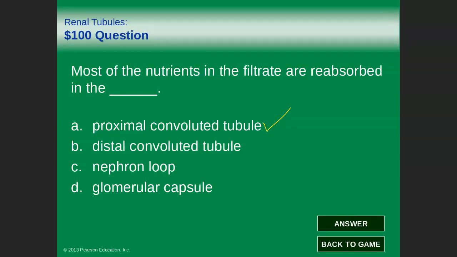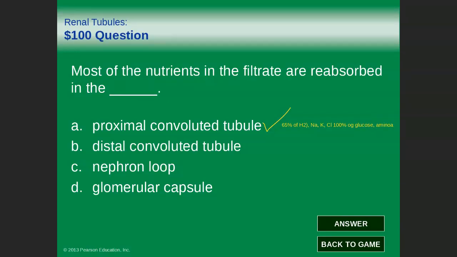Remember, 65% of water, sodium, potassium, chloride, and 100% of glucose and amino acids are reabsorbed in the proximal tubule.